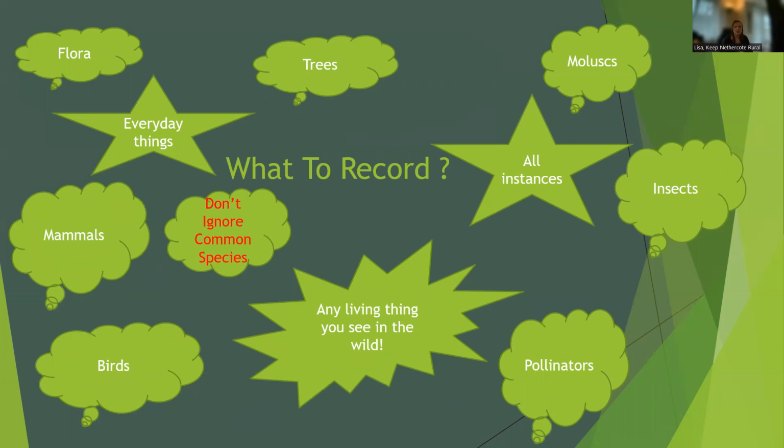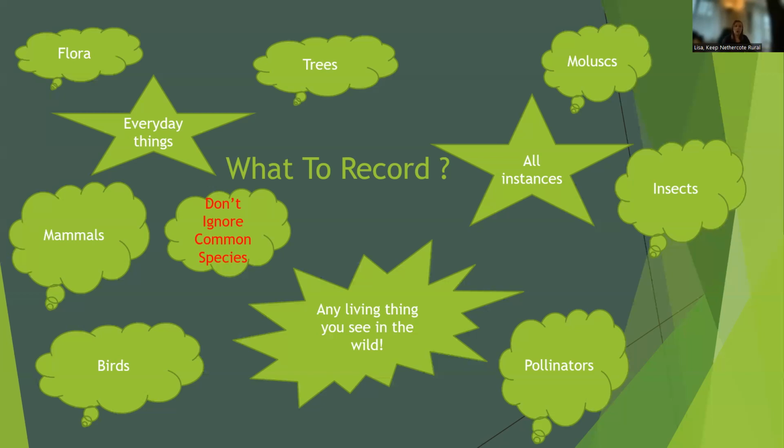Flora, trees, mollusks, insects, pollinators, birds, mammals, literally everything that you see. Don't ignore the common species. As I mentioned earlier, something that's common today may not be common in the future, but there's also other uses for the data, such as looking at species richness, for example, and that type of information is calculated on the number of species present.